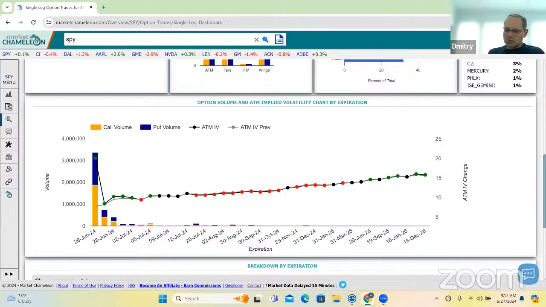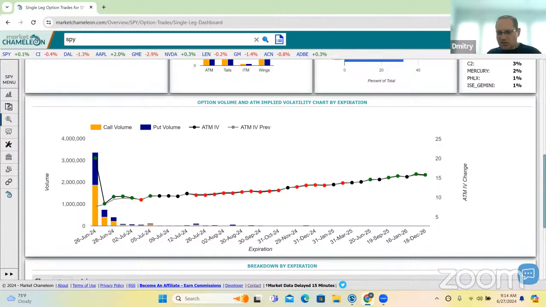So then the next question from here is, how did the options behave within the expiration? Now that we see where there's volume, we see how the term structure looks.